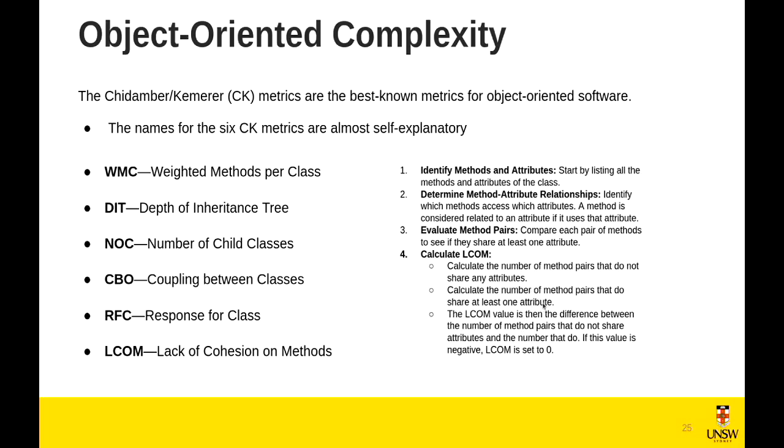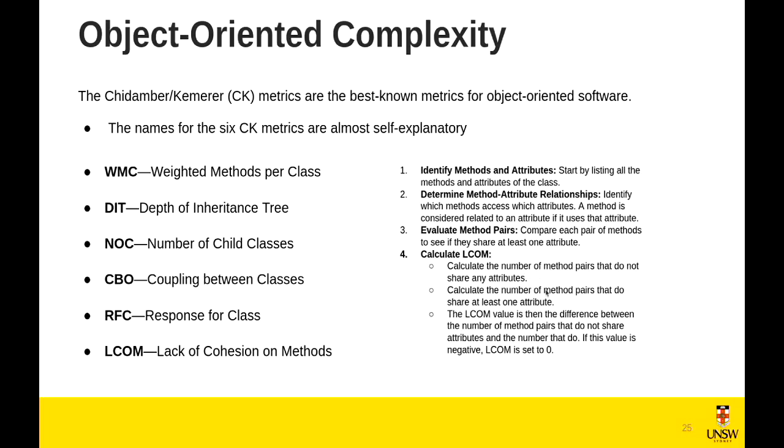first number minus the second one, because we want to calculate lack of cohesion. So the higher the value is, the lower the cohesion is. If a method pair doesn't have any shared attribute, it means that there is a lack of cohesion. So we use this number minus the second number.